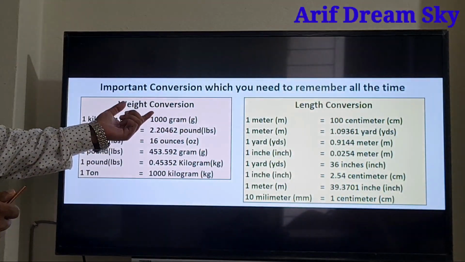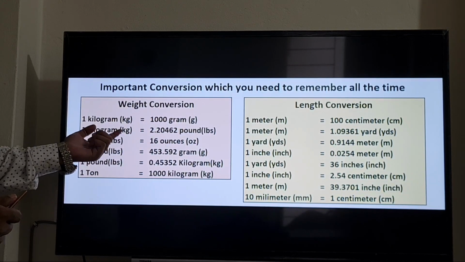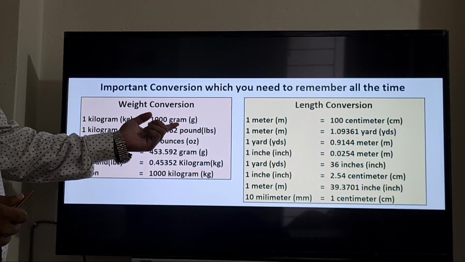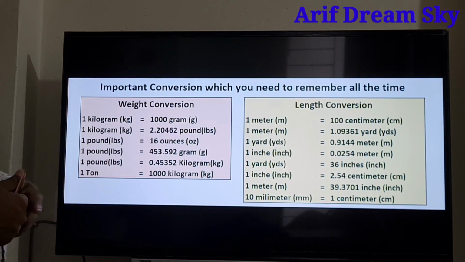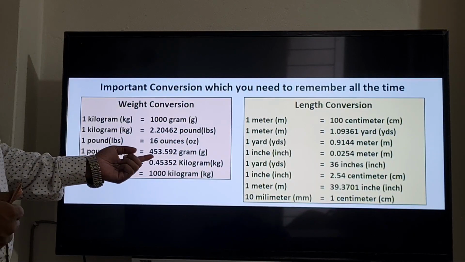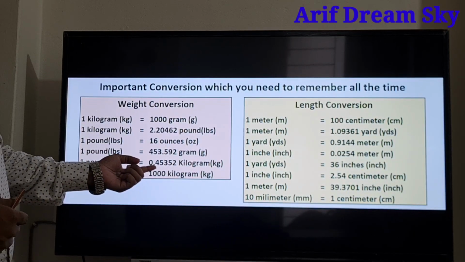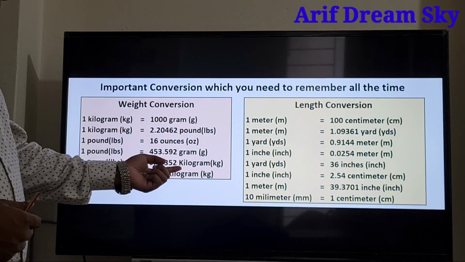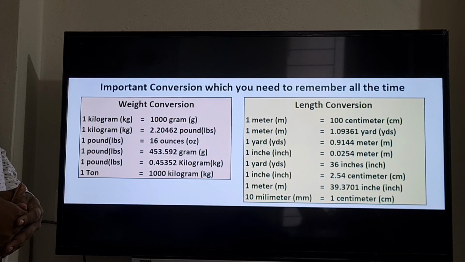Weight conversions: 1 kg equals 1000 gram, 1 kg equals 2.2046 pound, 1 pound equals 16 ounce, 1 pound equals 453.592 gram, 1 pound equals 0.45352 kg, and 1 ton equals 1000 kilogram.